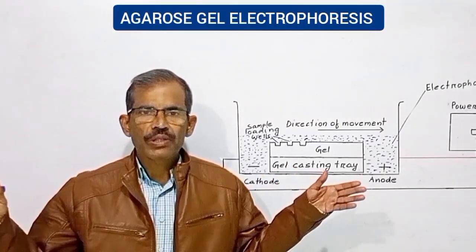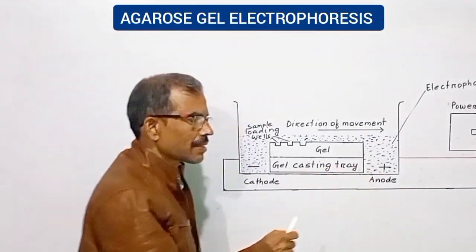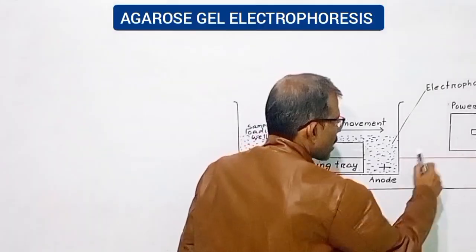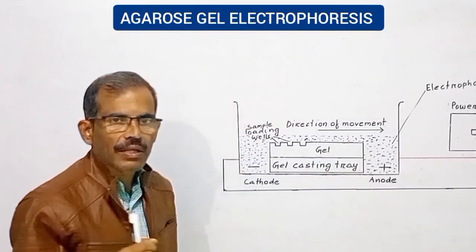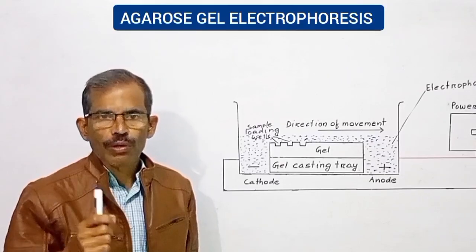Two oppositely charged electrodes that are placed at both ends are connected to an external power supply through electrical leads, and then the current is switched on.